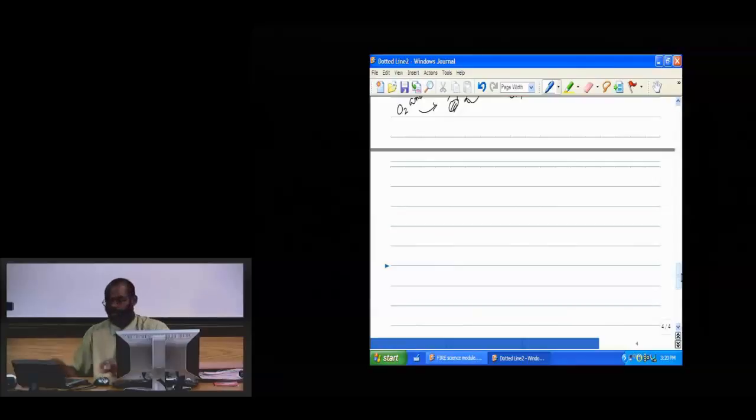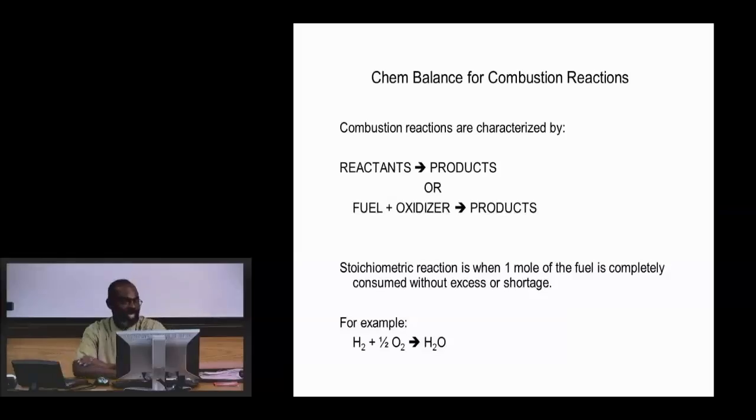Okay, so to start, I know we're going back and forth between the laptop and the PowerPoint, but last time we said that a simple way of characterizing combustion systems is reactants going to products. But if we add a little bit more detail, we can say it's a fuel and an oxidizer going to products.